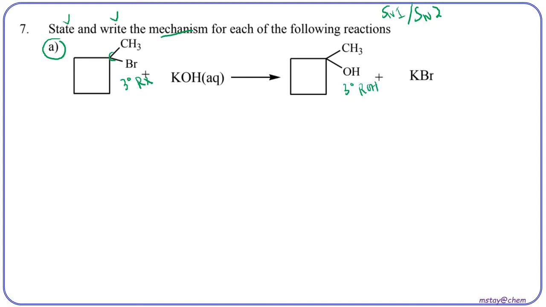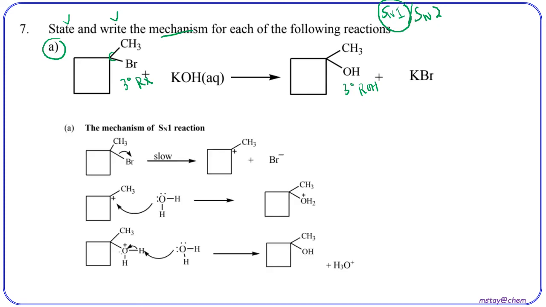As we already went through just now, tertiary haloalkane is most reactive toward Sn1. So for 7A, the Sn1 mechanism will happen.